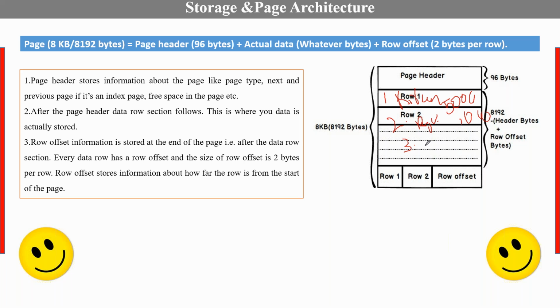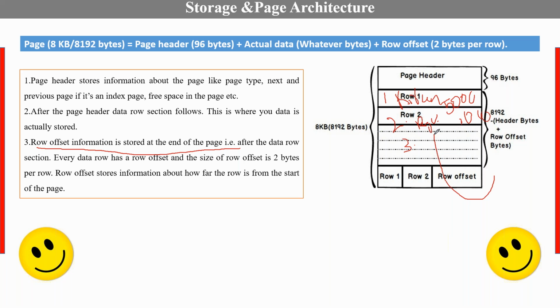When we go to the page footer, row offset information is stored at the end of the page. So technically you can call it a page footer, or you can call it a row offset. Very simple, sir. Whatever you are performing, inserting, updating or deleting data, that will enter the page from the footer.